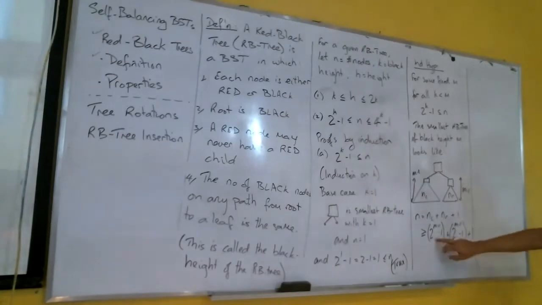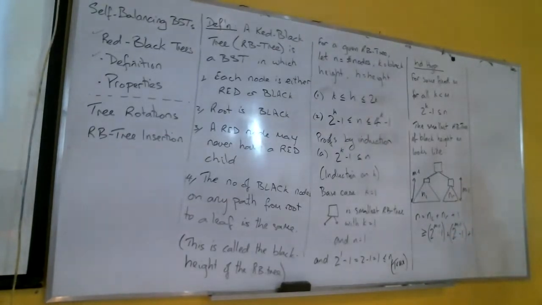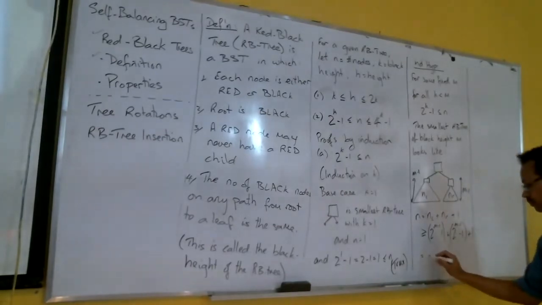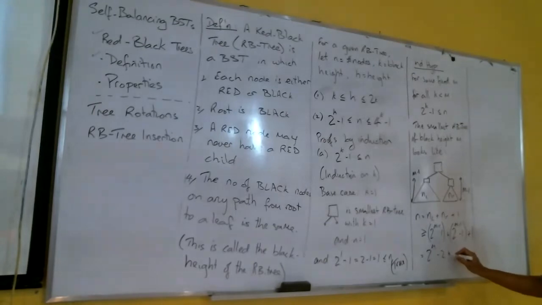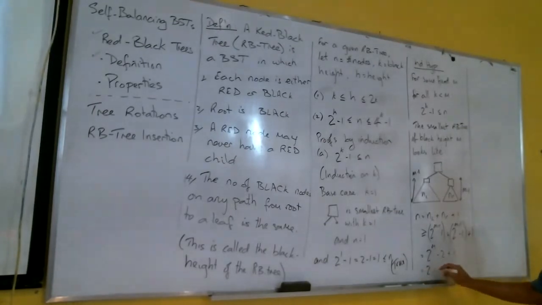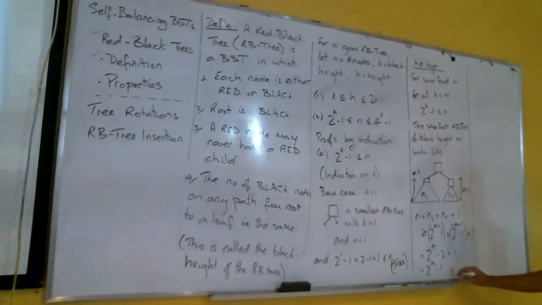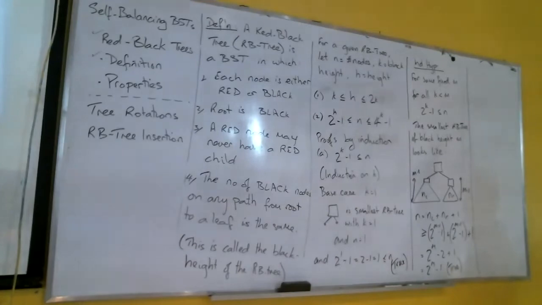And when you add these, 2 to the m minus 1 plus 2 to the m minus 1 is 2 times that number, which is 2 to the m. That's 2 to the m minus 2 plus 1, which is 2 to the m minus 1, which satisfies what the inductive hypothesis would have said had we extended it to m, which therefore means that the whole thing is true.